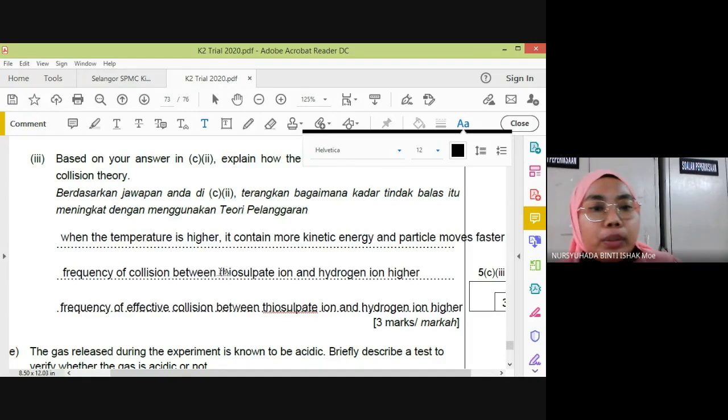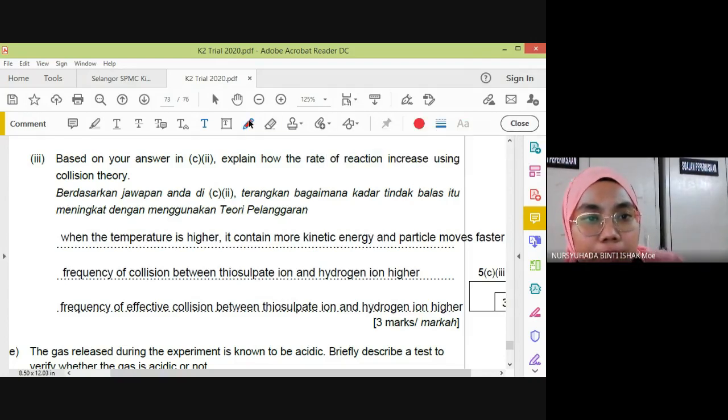Okay, kenapa thiosulfate ion? Sebab sodium thiosulfate tu dia soluble. Okay, so kita akan ionizekan dia. Jadilah dapatlah thiosulfate ion je based on the ionic equation. So yang ni penting.